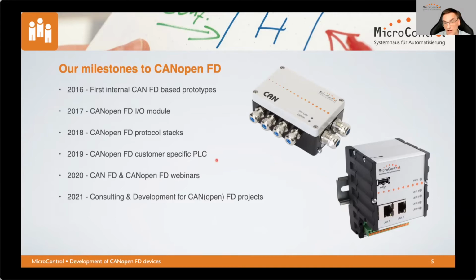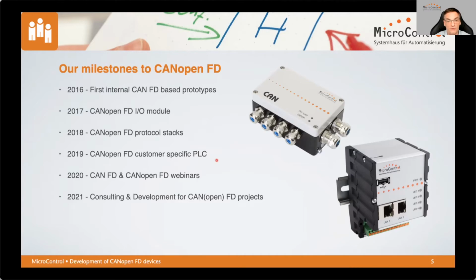In 2017, we released our first FD-IO modules with CANopen. In 2018, based on these developments, we released our CANopen FD protocol stacks. In 2019, we started a development for a customer with a CANopen FD based PLC.